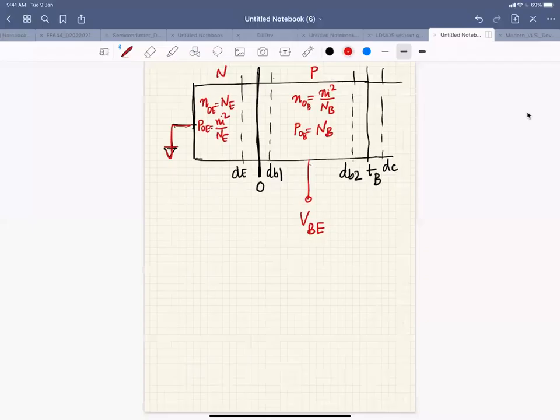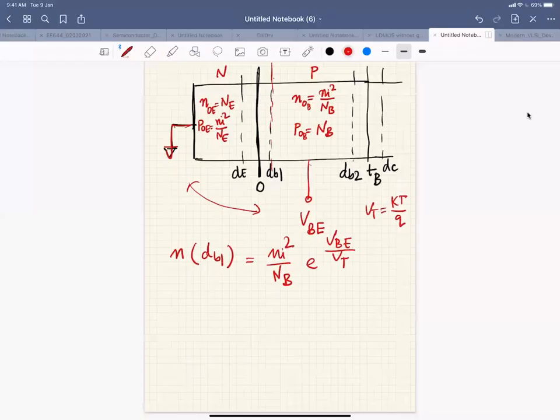You are forward biasing this junction. This junction is forward biased, which means I have electrons injected. So the number of electrons at DB1 will be the equilibrium concentration times exponential VBE by VT, where VT is equal to kT by q.